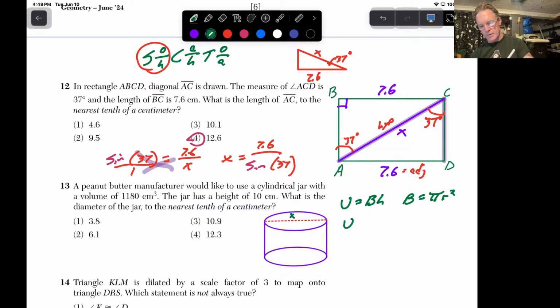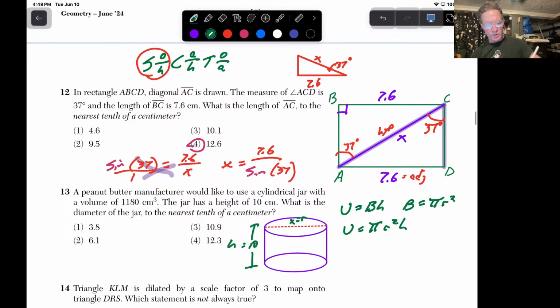So the volume is pi r squared h, and we know the height is 10. And I'm solving for the radius, which is x.